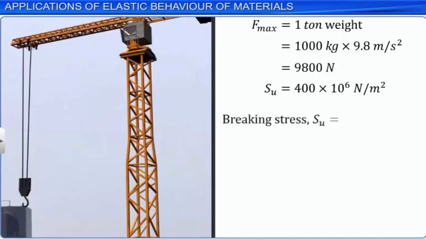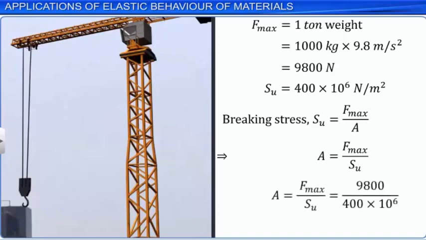The cross-sectional area of the required rope is calculated for the maximum load of 1 ton, that is, 1000 kilos. By substituting the maximum load as mass times acceleration due to gravity, and the breaking stress, the required area is 2.45 × 10^-5 meters square.